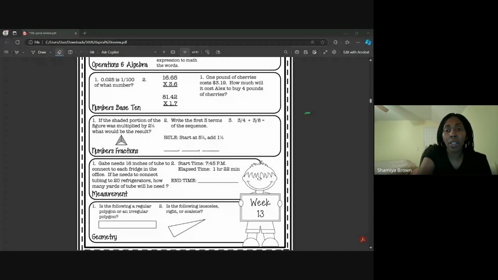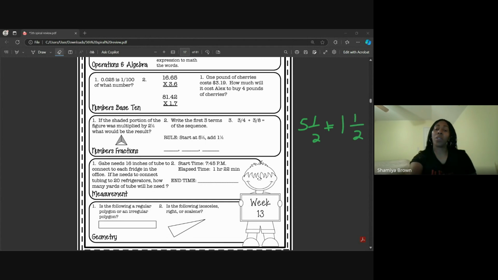So 5.5, 5 and 1/2 plus 1 and 1/2. I can go ahead and add those halves because they both have the same denominator.